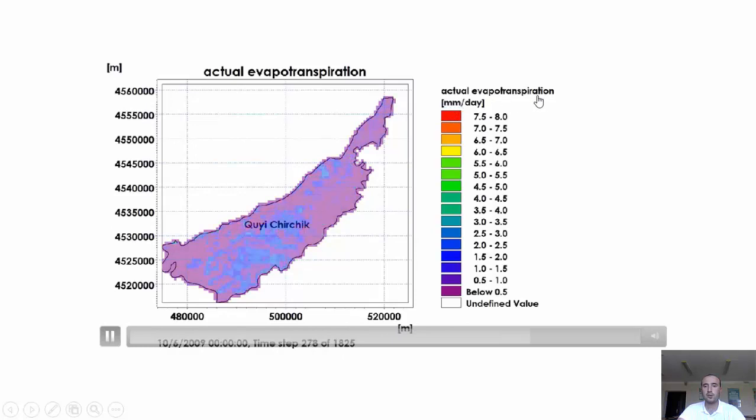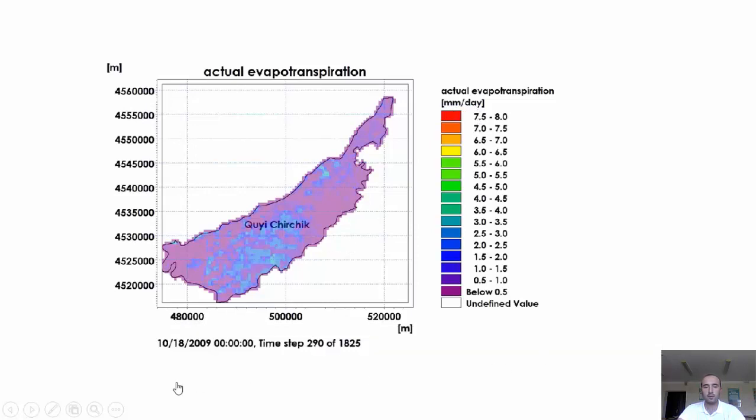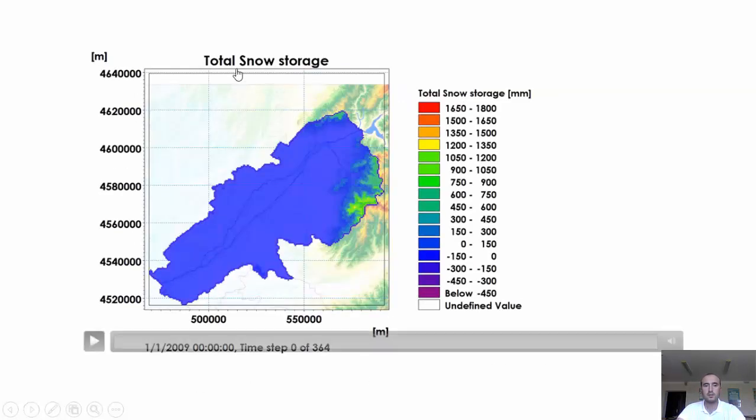And actual evapotranspiration is in millimeters a day, and also total snow storage also changes step by step, and this quantity is increased day by day.